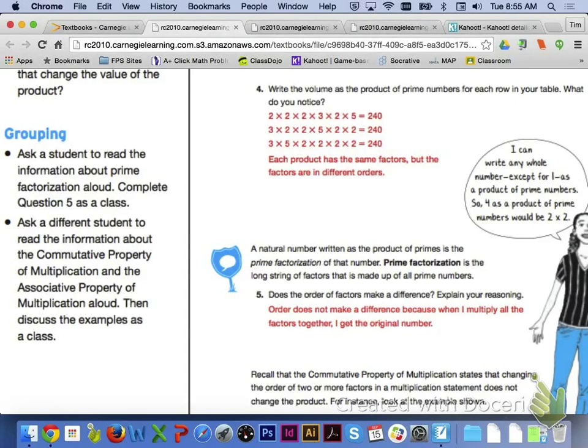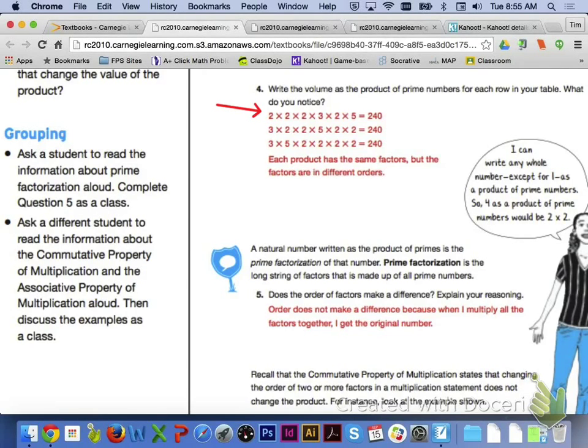Whatever the tank dimensions were that you ended up writing down back on page 52 for number 1, you are going to end up with the same factors, but they might just be in different order. So you can see for the first example, for the 4 by 6 by 10, I have 2 times 2 times 2 times 3 times 2 times 5.